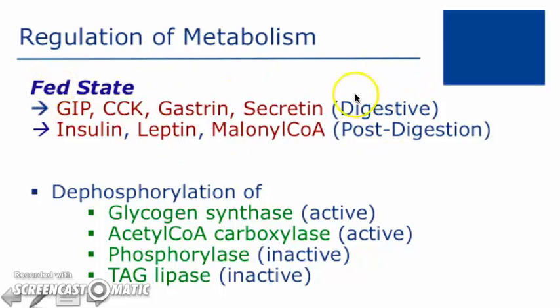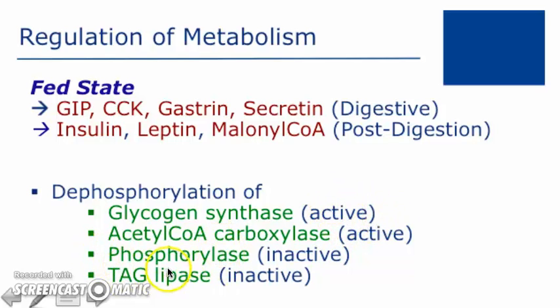These hormones or other signals, and in particular insulin, are going to be involved in dephosphorylating key enzymes during a fed state. Glycogen synthase and acetyl-CoA carboxylase will be dephosphorylated, and that is going to activate those enzymes.